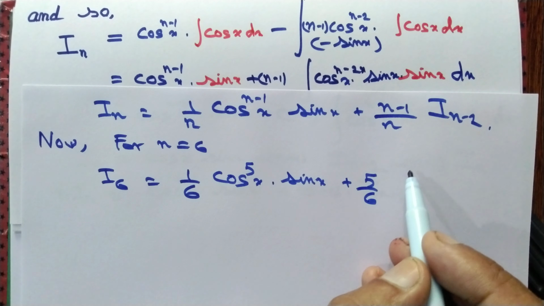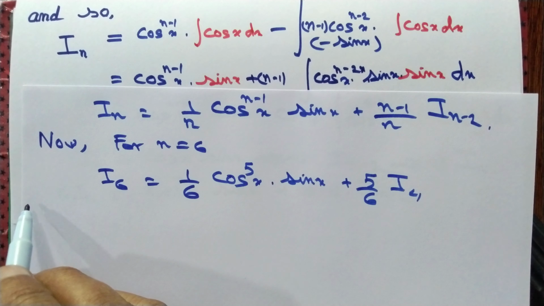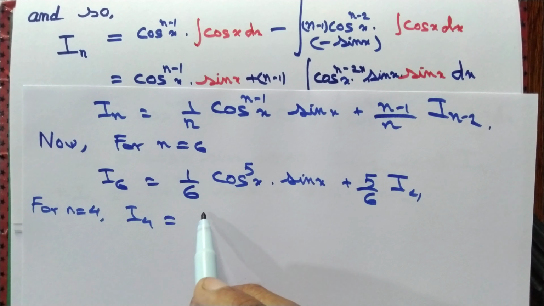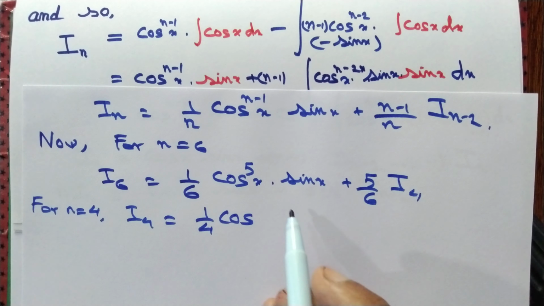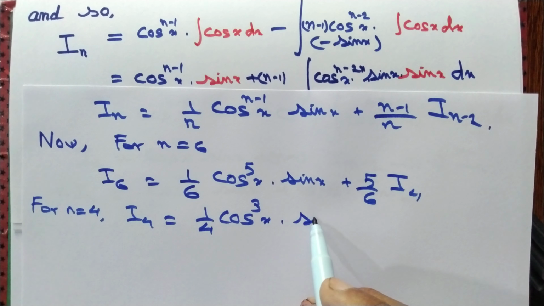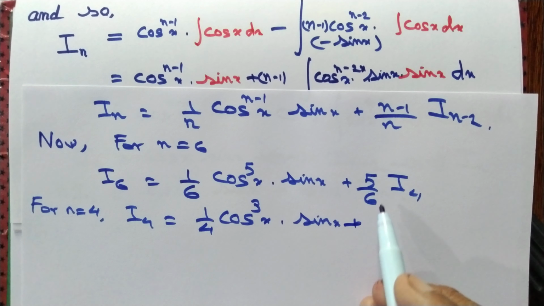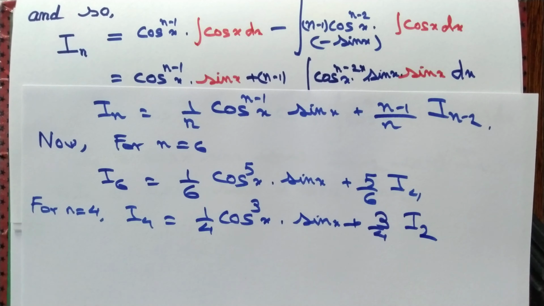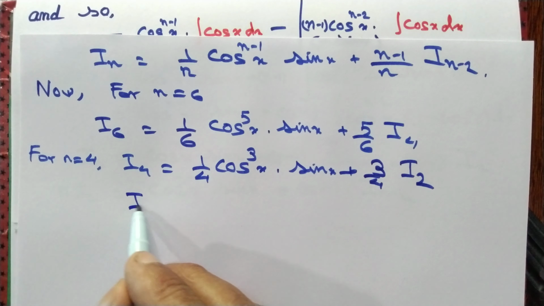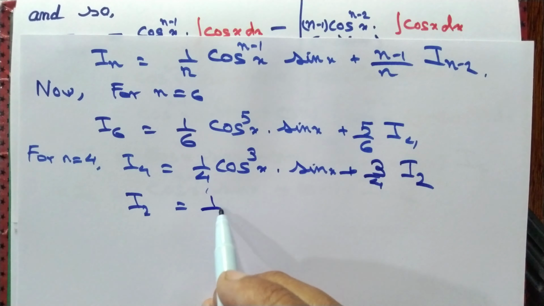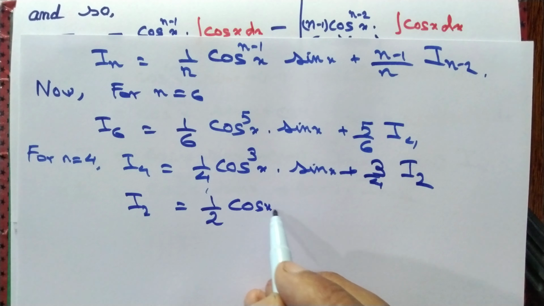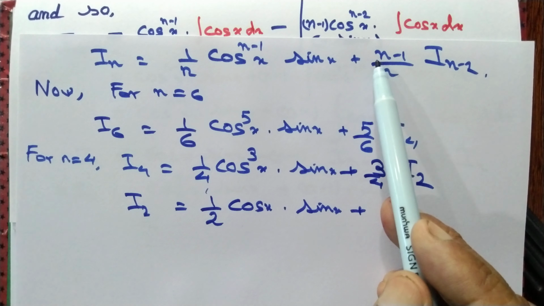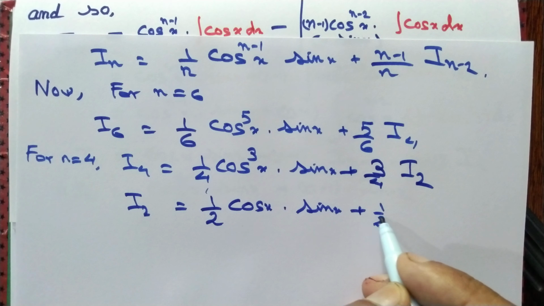Again, for n equal to 4, I_4 equals 1 by 4 cos to the power 3 x times sin x plus 3 by 4 I_2. Lastly, I_2 equals 1 by 2 cos x times sin x plus, for n equal to 2, 2 minus 1 is 1, 1 by 2 times I_0.